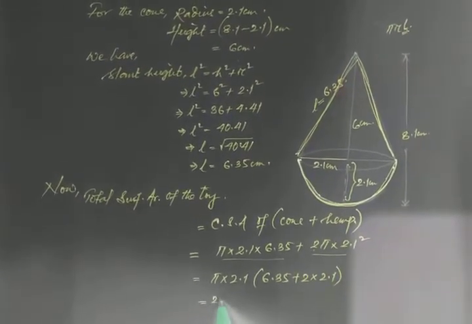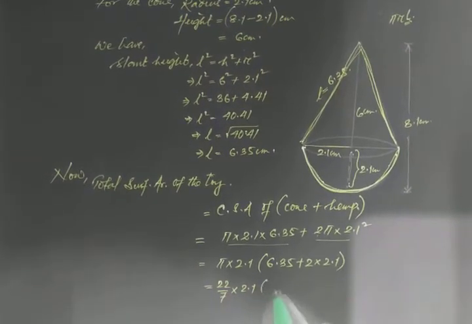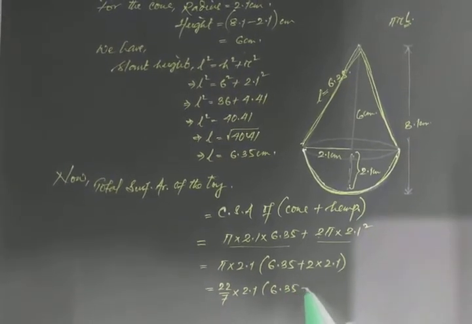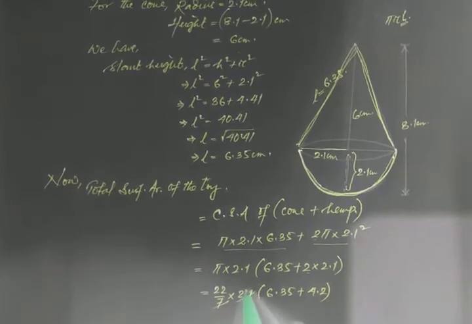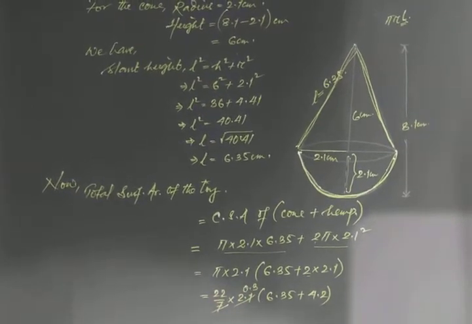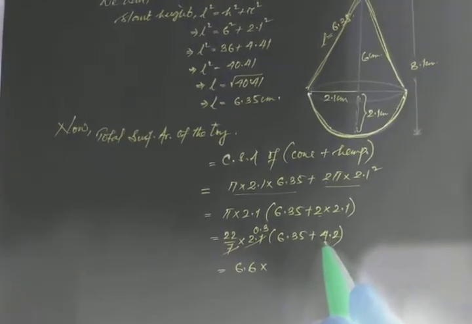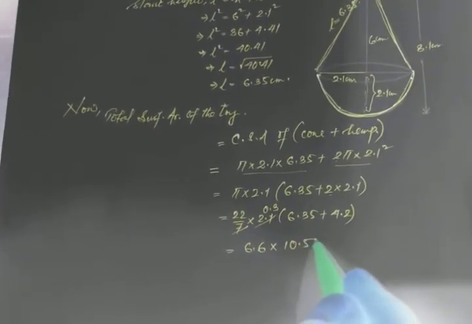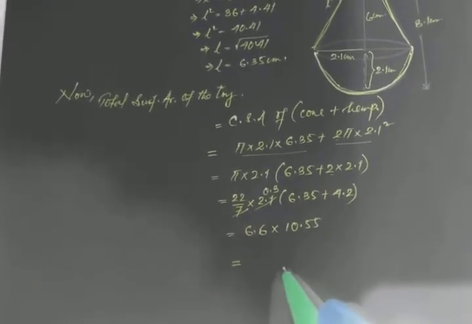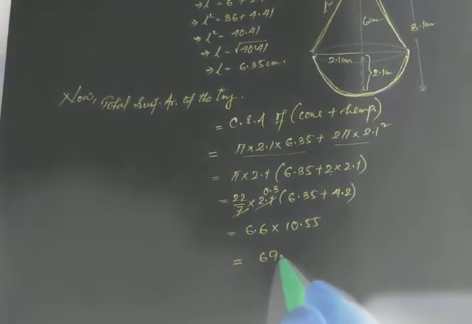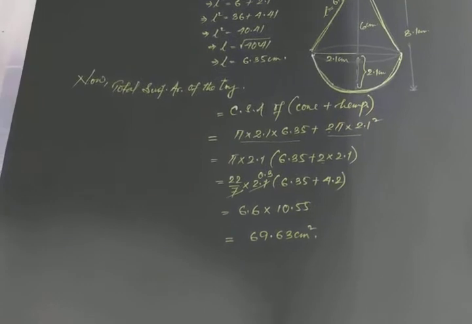Putting the value of pi, 22 by 7, 2.1, 6.35 plus, and multiplying 4.2, 7 into 0.3, and this on multiplication will be 6.6. 6.35 plus 4.2 will be 10.55. And now on multiplying these two, 69.63 centimeter square, that is the surface area.